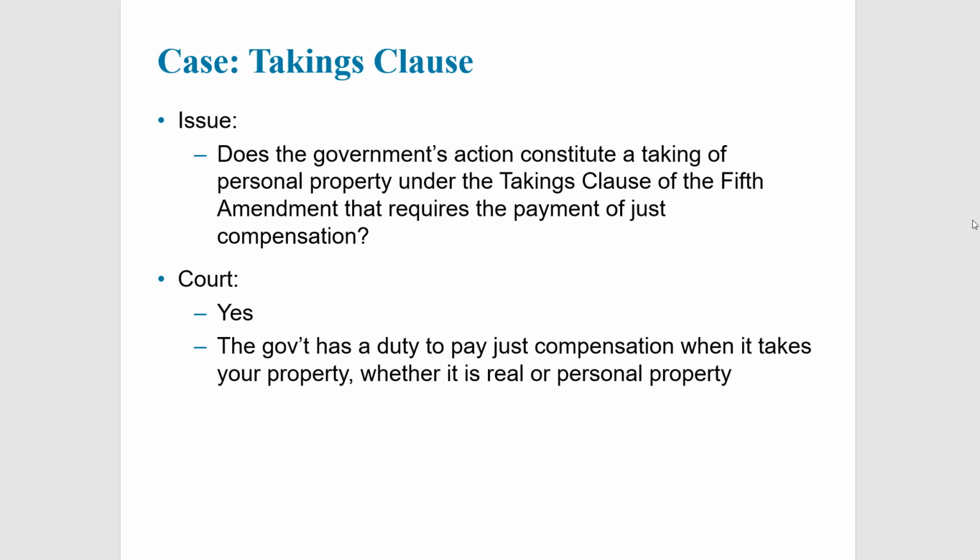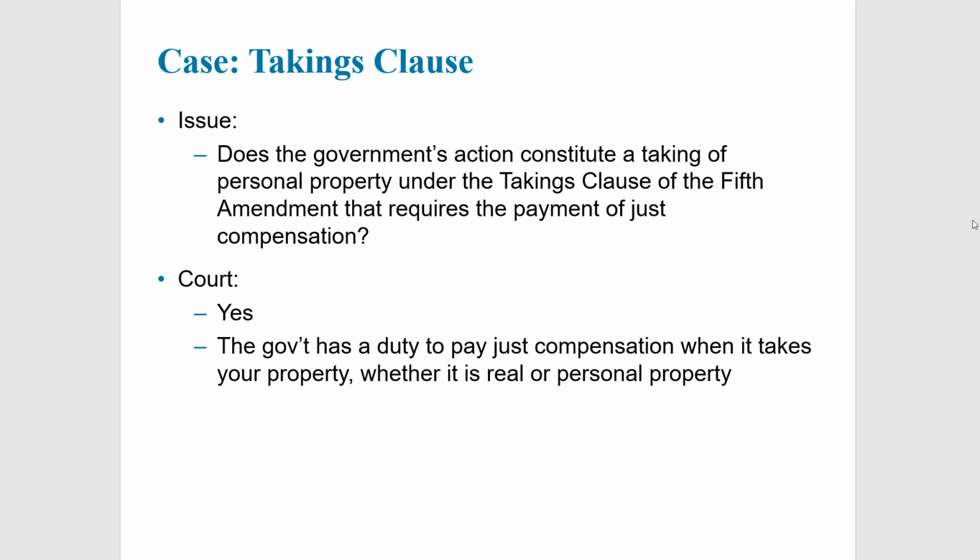The government had a couple of arguments here, saying that the Takings Clause doesn't apply to personal property, it only applies to real property. The Supreme Court didn't agree with that. They also said that it didn't count as a taking because the raisin growers could have chosen to grow anything else if they wanted to, and if they had grown anything else, the government might not have taken that. And the court also didn't agree with that reasoning, so they were forced to then pay the raisin growers for any raisins they took.